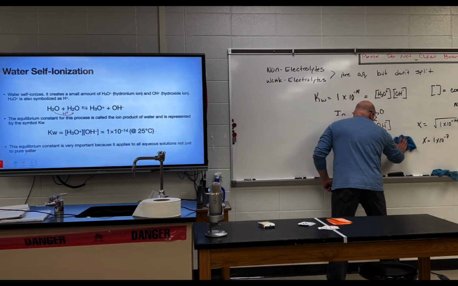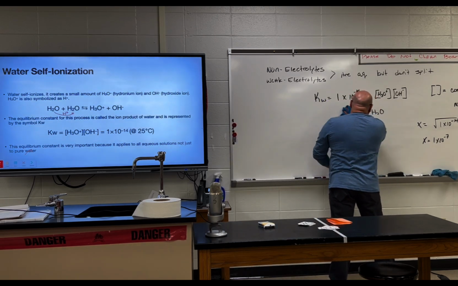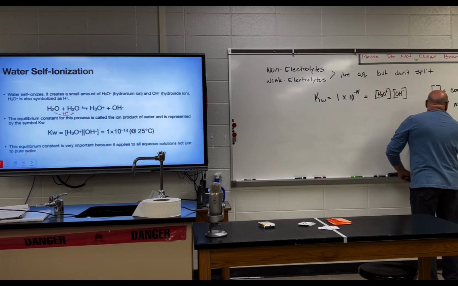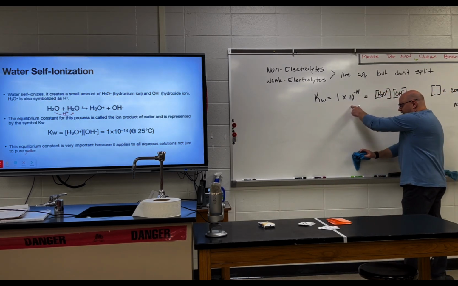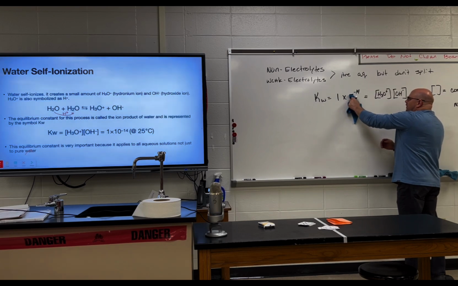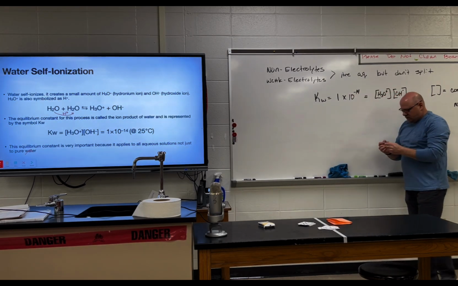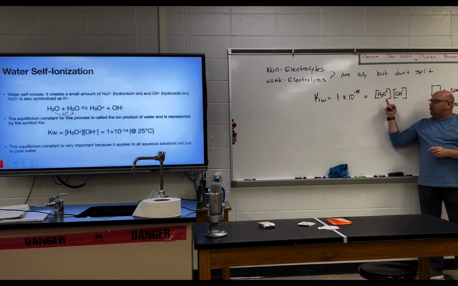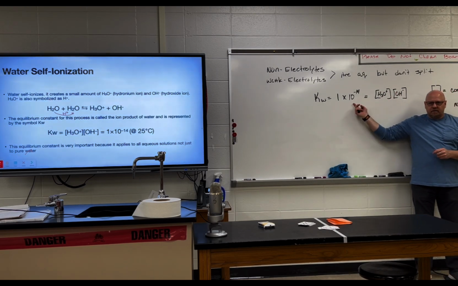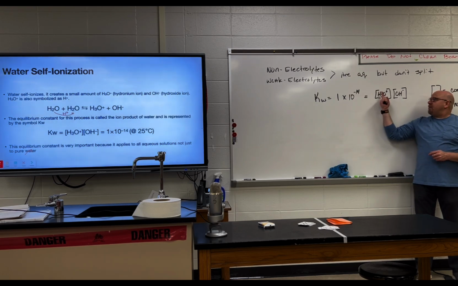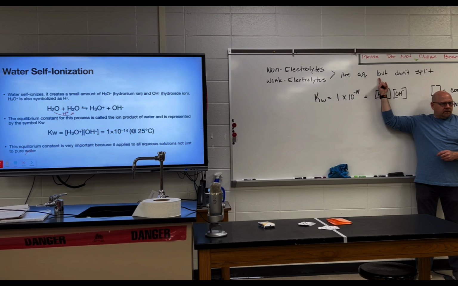So, if this is a constant, then the product of these two must equal this, correct? What happens if I make this go up then?